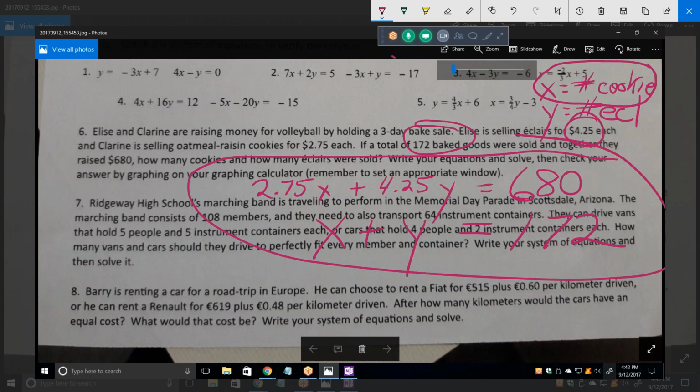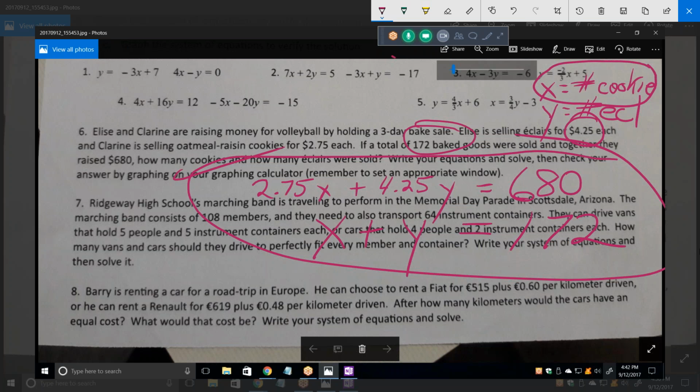This is a very practical problem, really. When you run one of these bake sales, you end up with a certain amount of money in your hand, and you might know how many total goods you sold, but you might not know exactly how many cookies you sold, and you might not know exactly how many eclairs. Well, this will solve it for you.